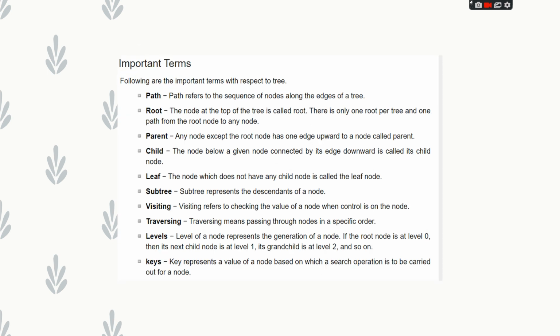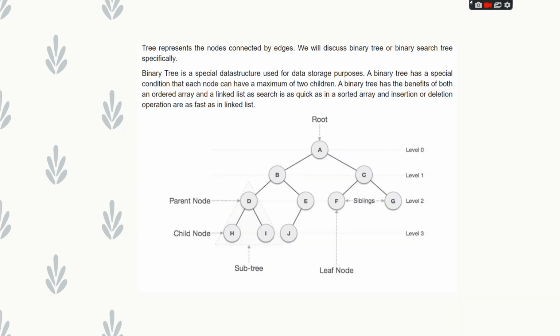Parent. Any node except the root node has one edge upward to a node, and that is called a parent. Suppose we take the example B. It has an upward node, so A is the parent of this node.